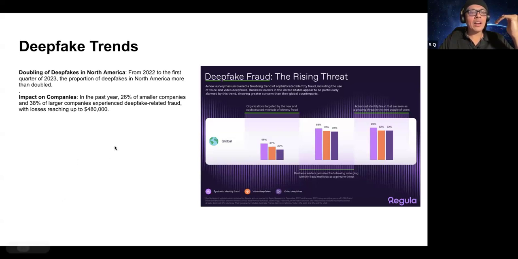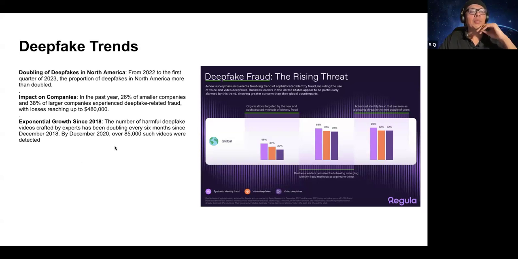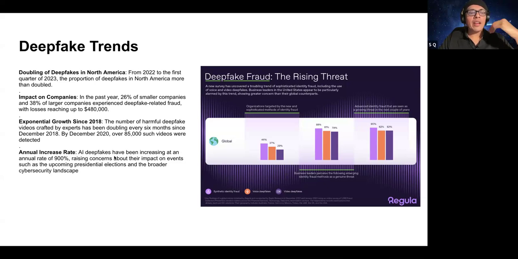The number of deepfakes has gone up exponentially from 2018. Every year, more and more very realistic deepfake videos are coming out, fooling more and more people. And again, there's a 900% annual rate of increase over the last year, despite this technology being out for quite a while in generative adversarial networks.